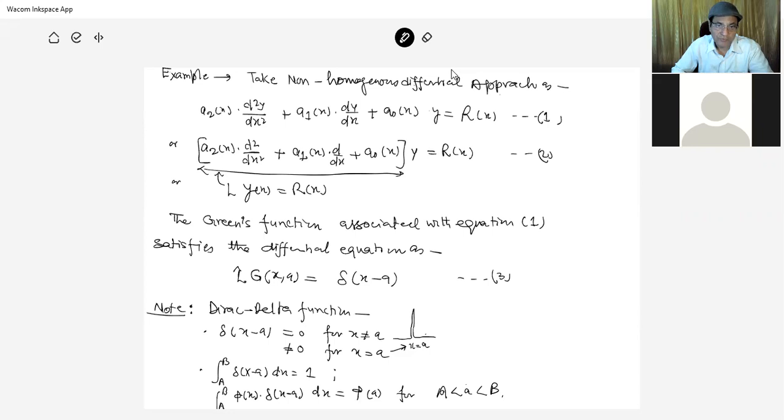We can have the lower limit less than a, less than b, the upper limit. So there are 3 properties of delta. This is the simple function. Here it is the integral. Integral is 1, meaning definitely there will be some finite value. And if you are operating phi, then this value is phi of a.